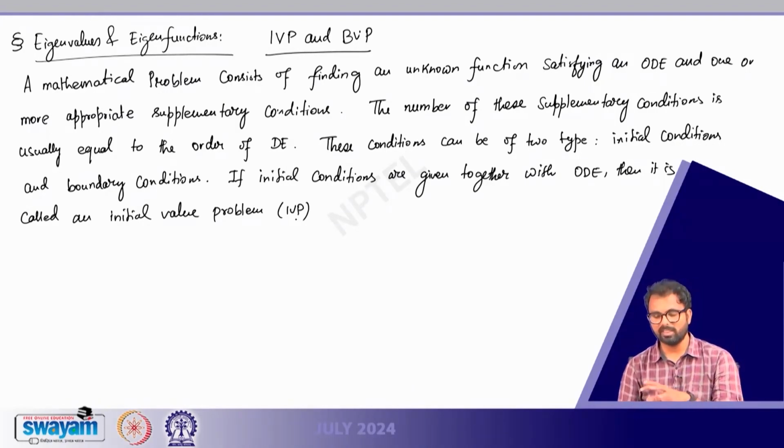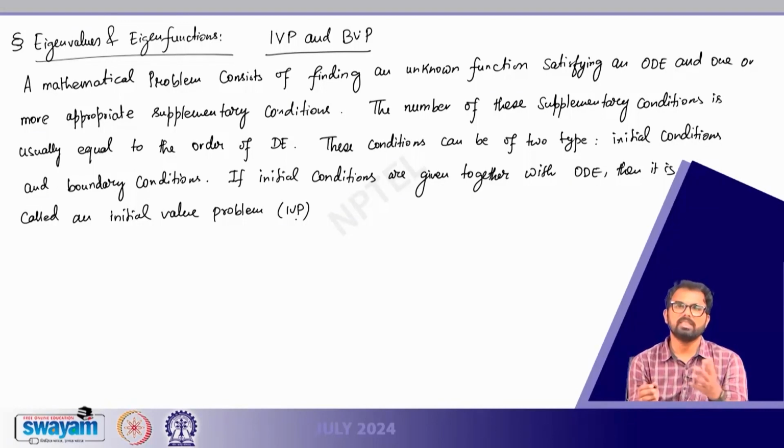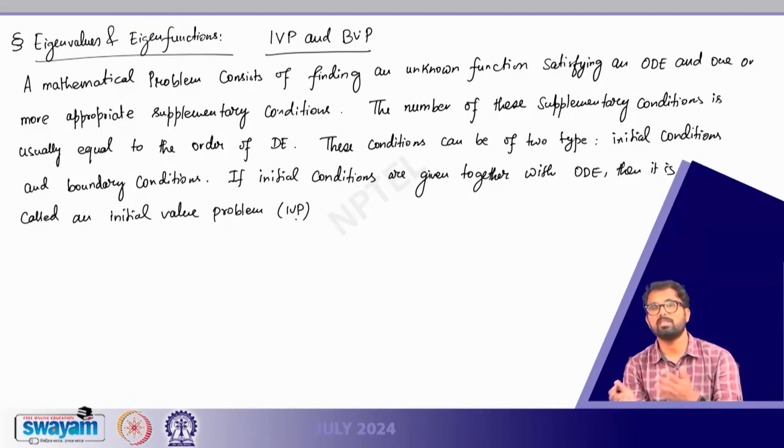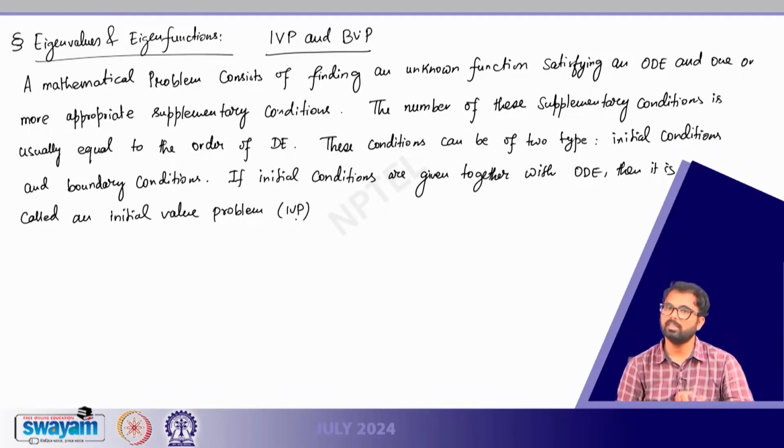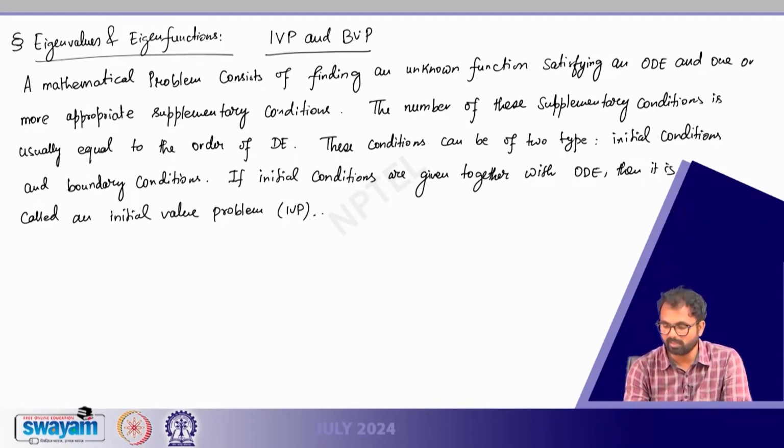There is a separate terminology, but in that case you can call it a boundary value problem, because what is important is that the boundary conditions are given. If either one of them is given, then you call it either an initial value problem or a boundary value problem, right. Similarly you can define BVP.